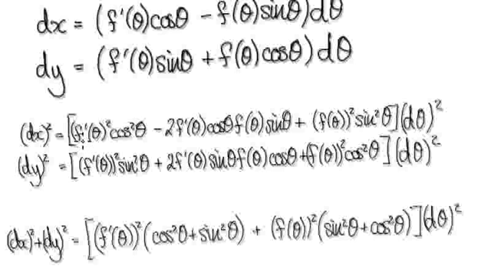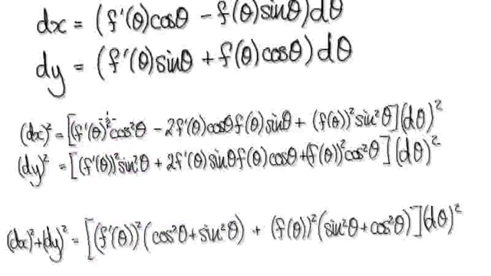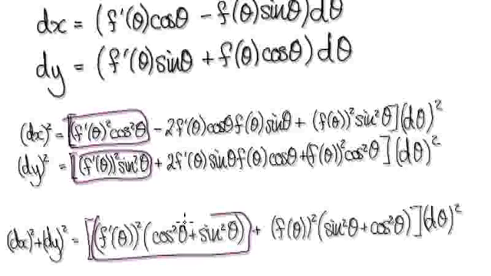Because if you look at this here, you've got f prime squared. The only difference is that you've got a cos and a sine here. So factor out the f prime squared, and you've got cos squared plus sine squared. Combining these two will give you this.